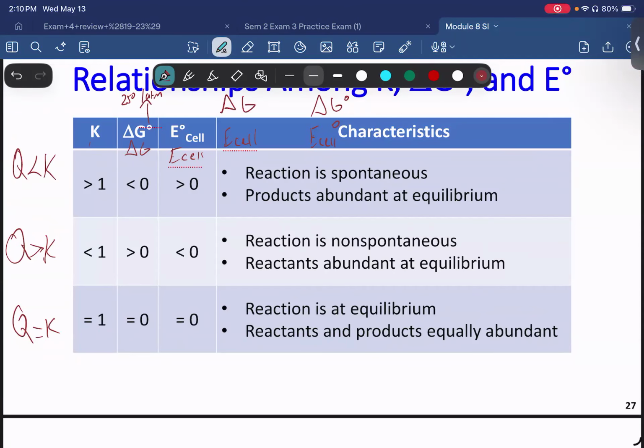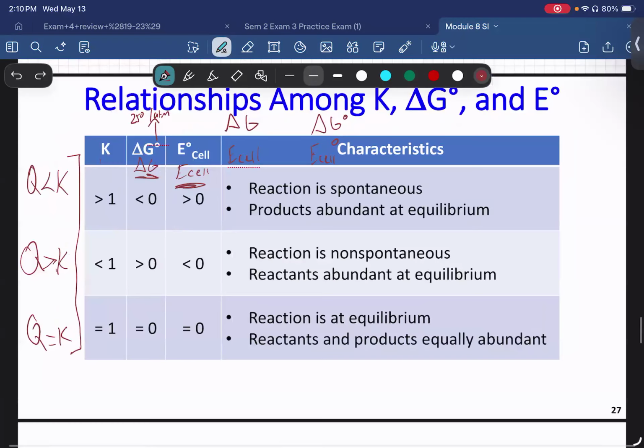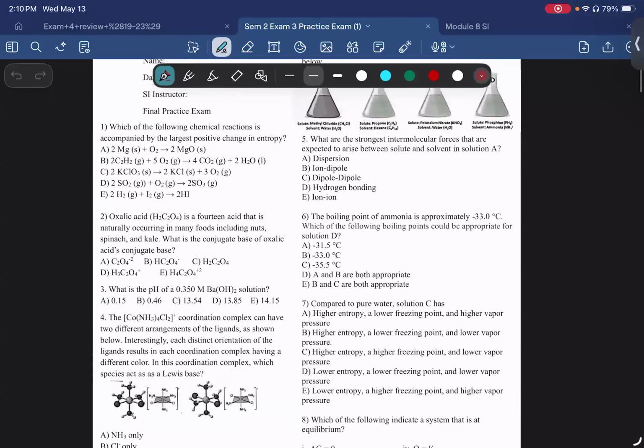There are questions on the practice exam related to this, so we'll go over this. But the big idea is definitely the Q and K values, and just make sure that the naught refers to this degree sign. All righty.